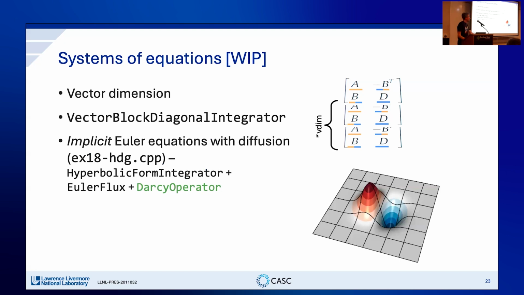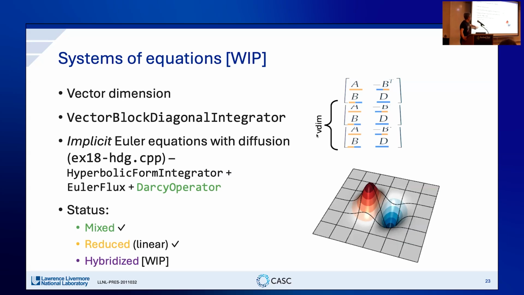And what we can do with it is, for example, modified example 18, so Euler equations, but now with diffusion and solved fully implicitly. And the mixed formulation already works. The reduction supports only linear operators, so not exactly usable in this case, but in general, it also works. And currently, there's work in progress on that hybridized version.